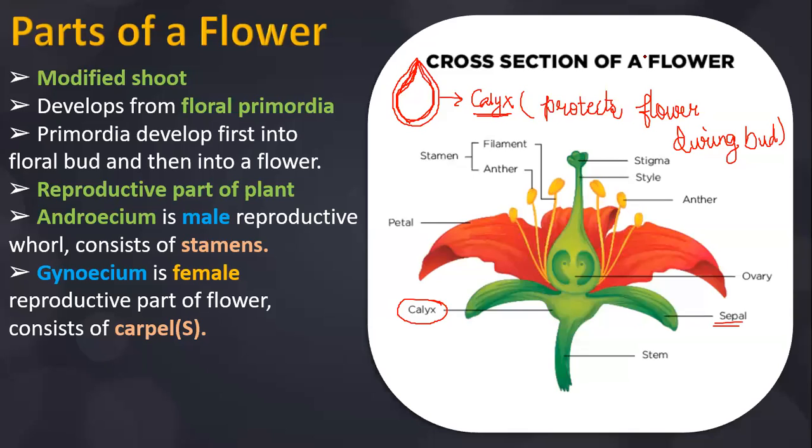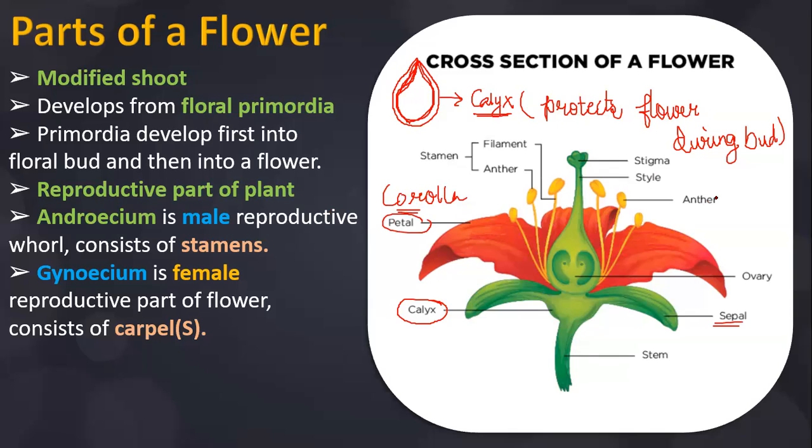Next is the corolla. It's not corona, it is corolla. What do you mean by corolla? Corolla means the brightly colored part of the flower, whose individual units you will call petals.